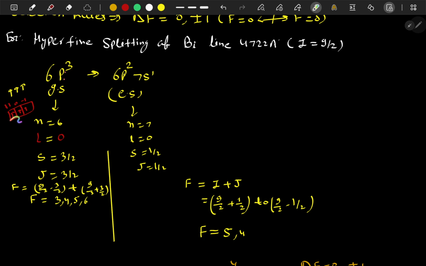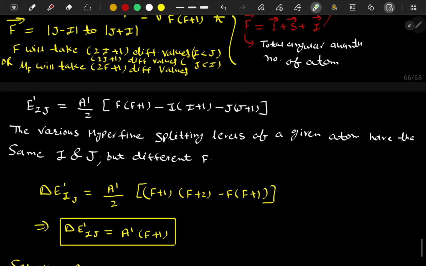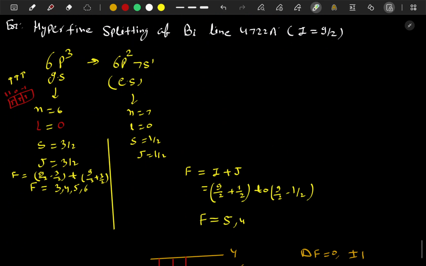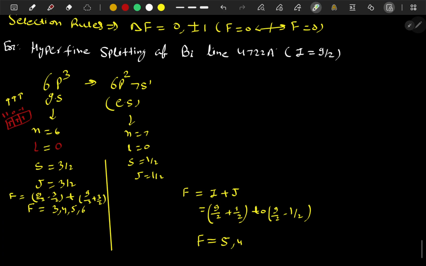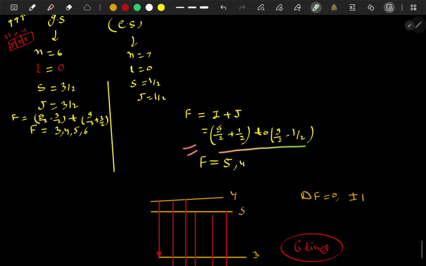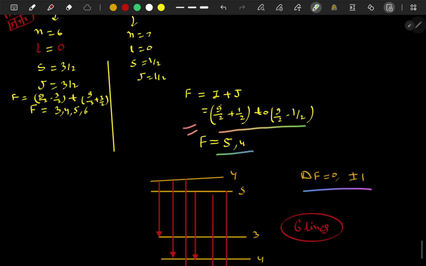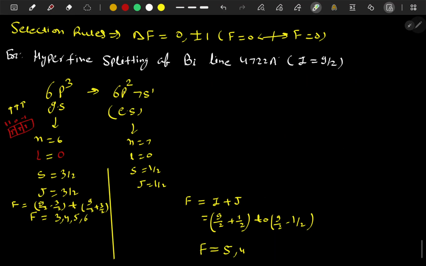For the ground state, 3 electrons, so L equal to 0, S equal to 3 by 2, J equal to 3 by 2, F equal to J minus I to J plus I. Here I is given to us as 9/2.